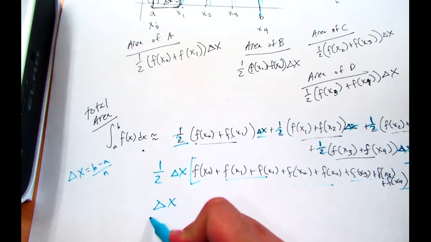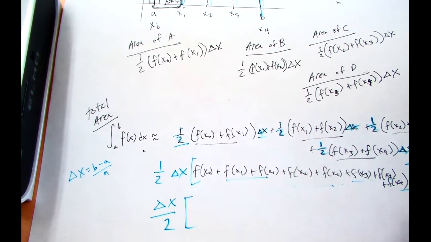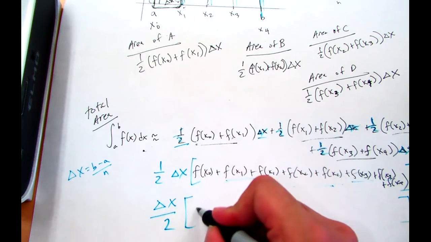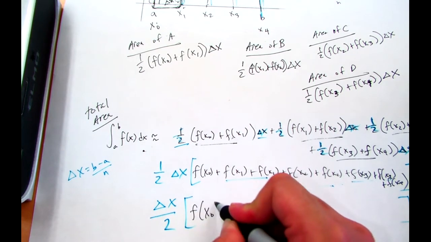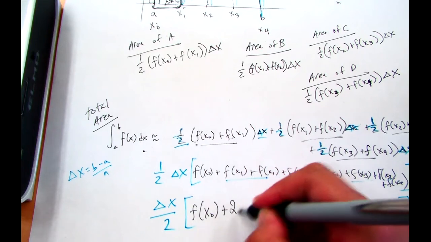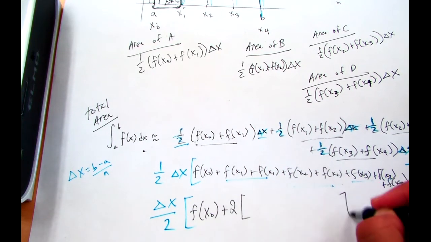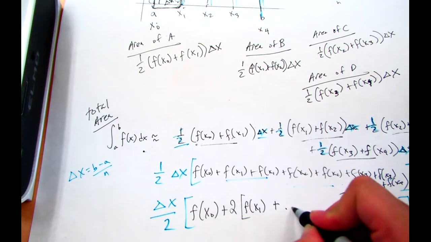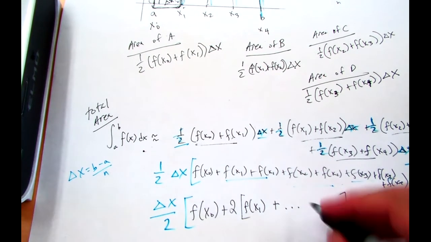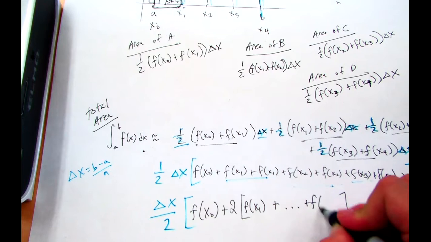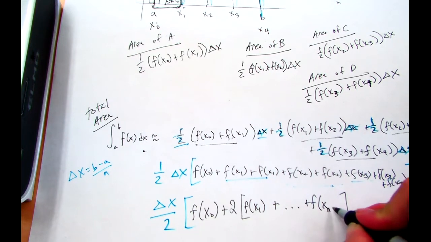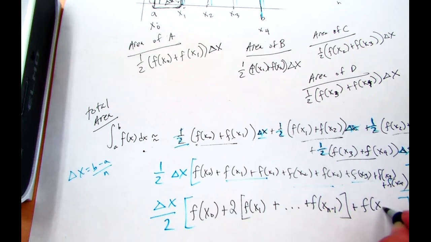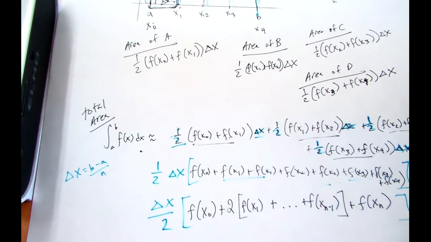I'm going to simplify this as delta x over 2 times f of x naught plus 2 times f of x1 plus dot dot dot everything up until f of x n minus 1 plus f of x sub n.